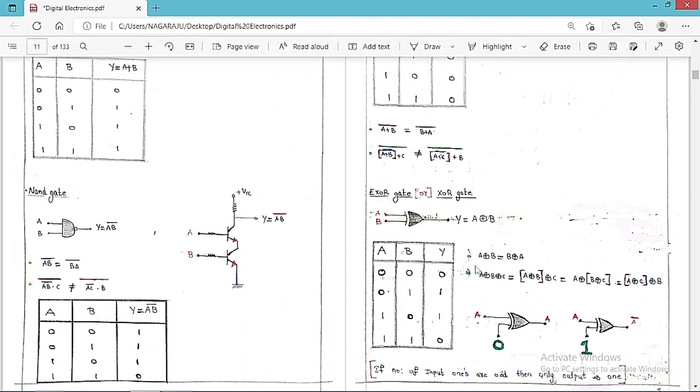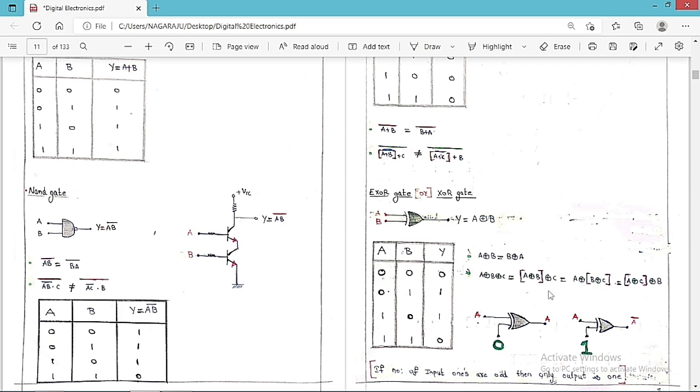Always A XOR B is equal to B XOR A, means the commutative property is satisfied. If you interchange A and B, the result is still the same. Now A XOR (B XOR C) is equal to (A XOR B) XOR C. So you can see clearly the associative property is being satisfied.